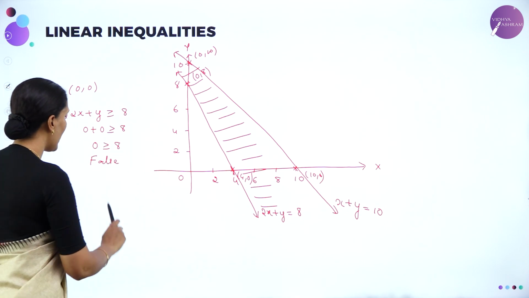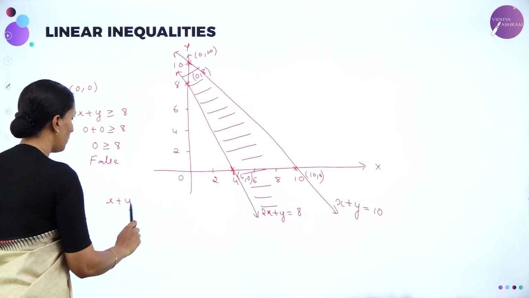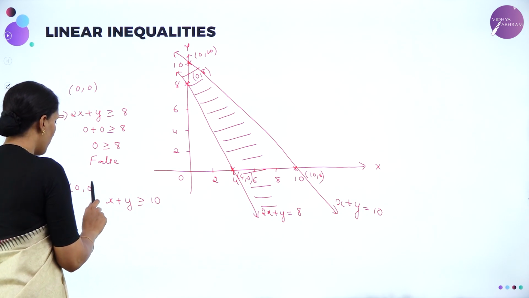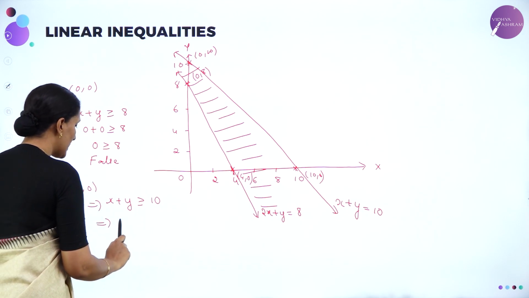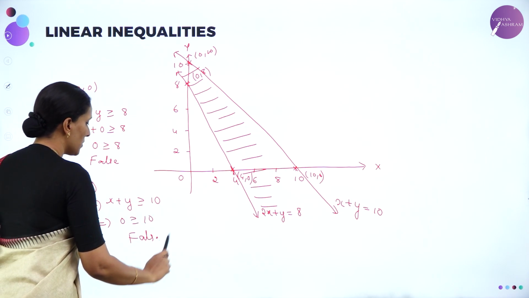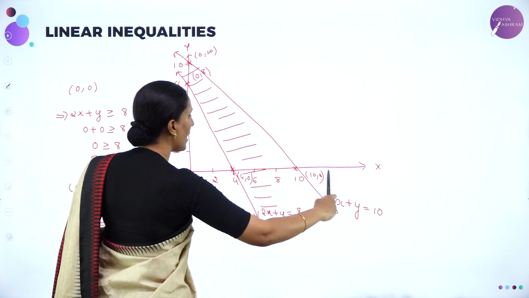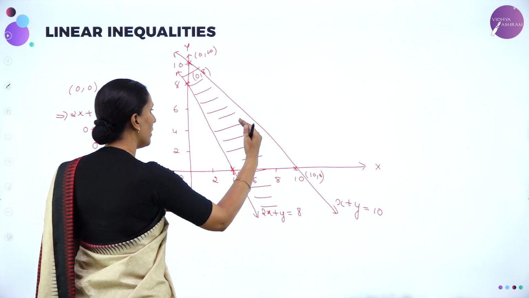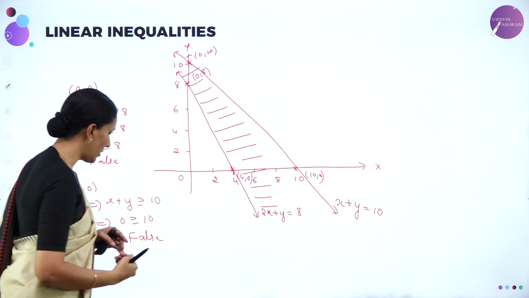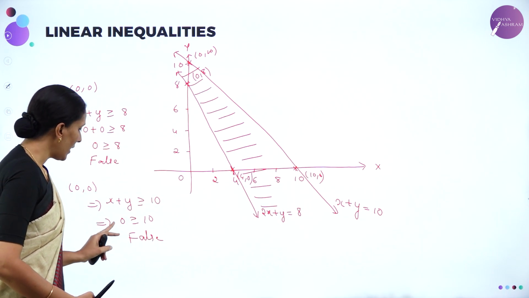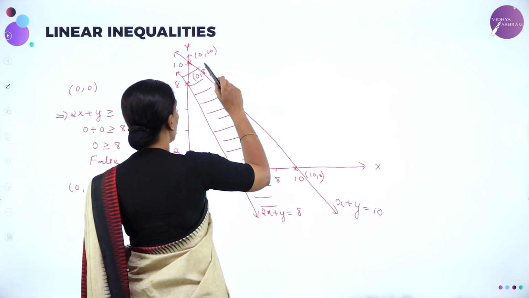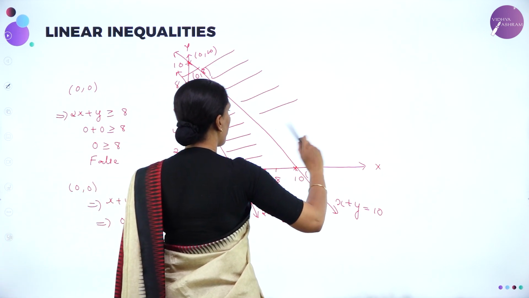Now let us take x plus y greater than or equal to 10. Here also if I put 0, 0, I will get 0 greater than 10, which is again false. So for the line x plus y is equal to 10, this region contains 0 and this region does not contain 0. The region containing 0 gives us the false statement, so I need to shade the region which is above this line.